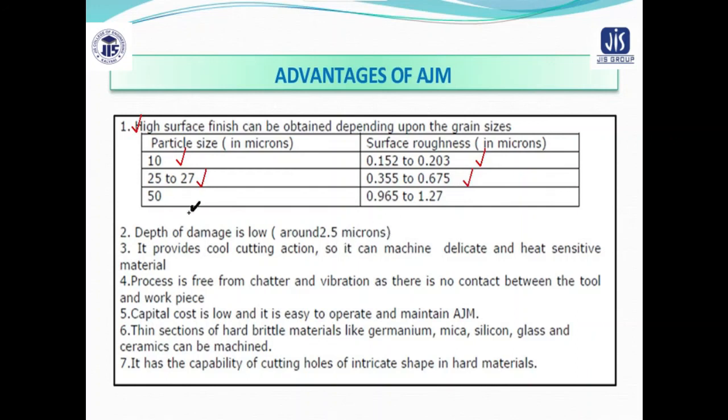If your particle size varies around 50 microns, then your surface roughness will vary between 0.965 to 1.27 microns. Thus, from this figure you can see that if the particle size increases, the surface roughness also increases. You can see the increasing rate in these microns.